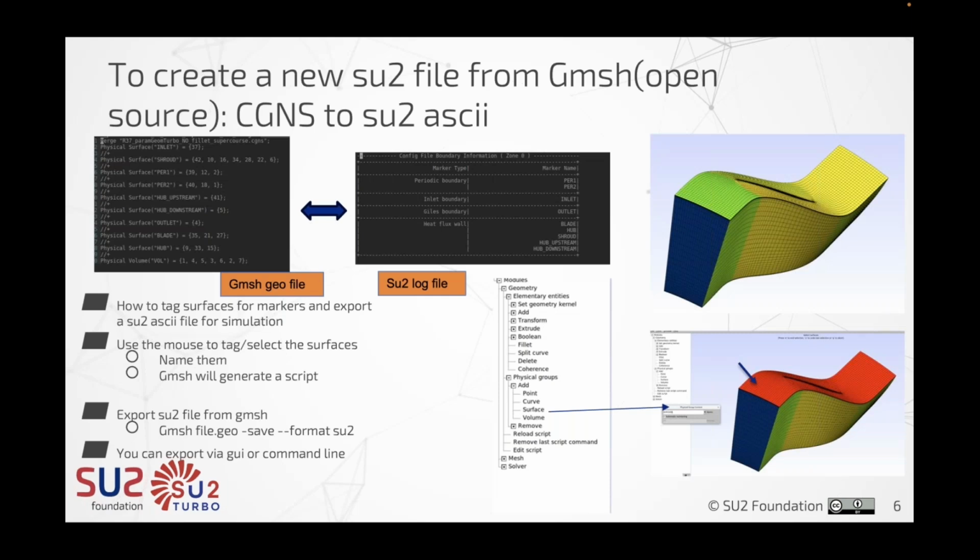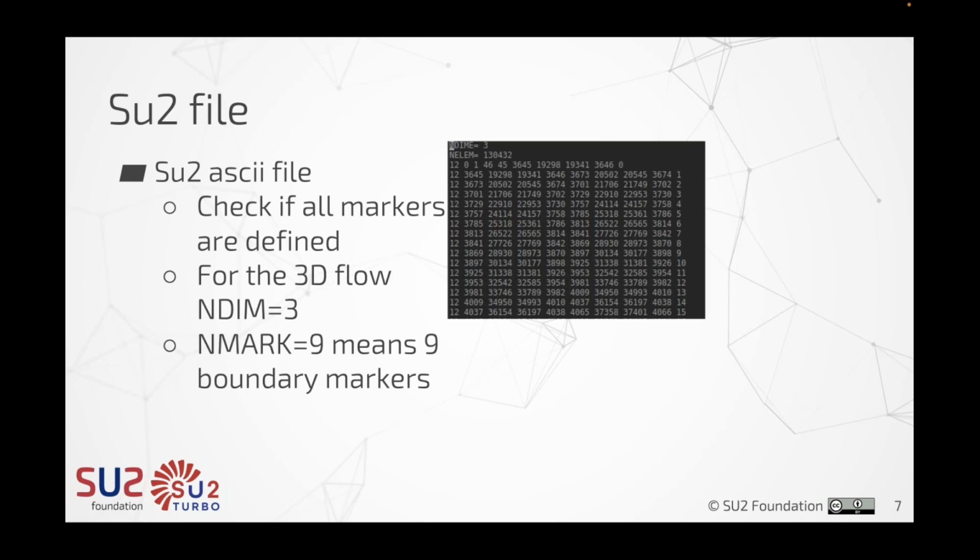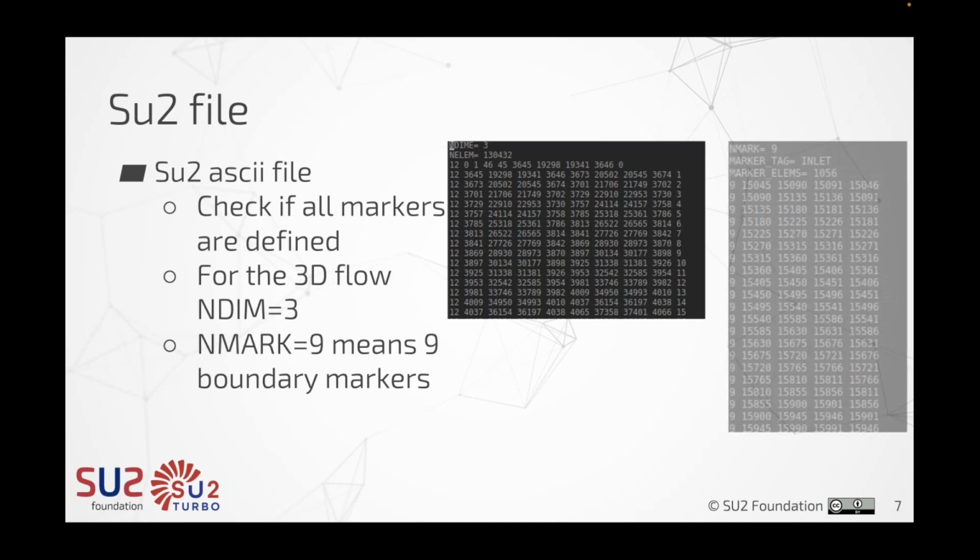If you see this part here, the physical volume assigns all the different blocks that you have. If you incorrectly define this, or you forget to define this, and the script doesn't have this, then NDIME won't be equal to 3. So when you try to run SU2, it won't work. So that's something important.